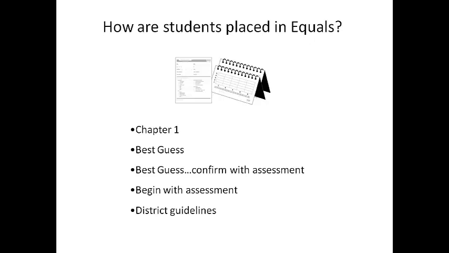Or for some teachers, they prefer to begin with the assessment and determine the appropriate placement in that way. Remember that sometimes district guidelines will dictate where you begin in your assessment. Any of these methods for determining how to place your students in Equals are used by teachers.